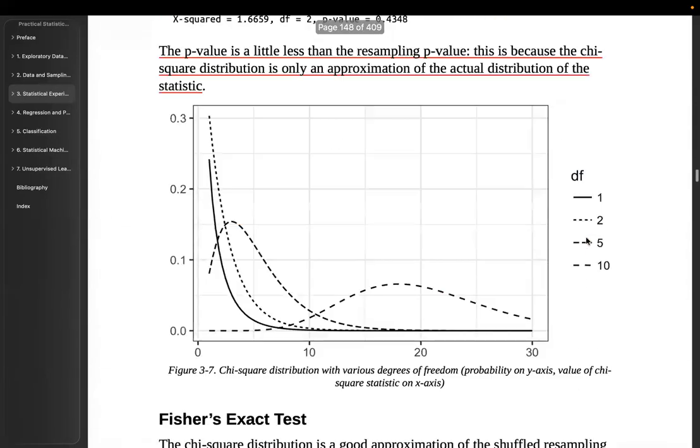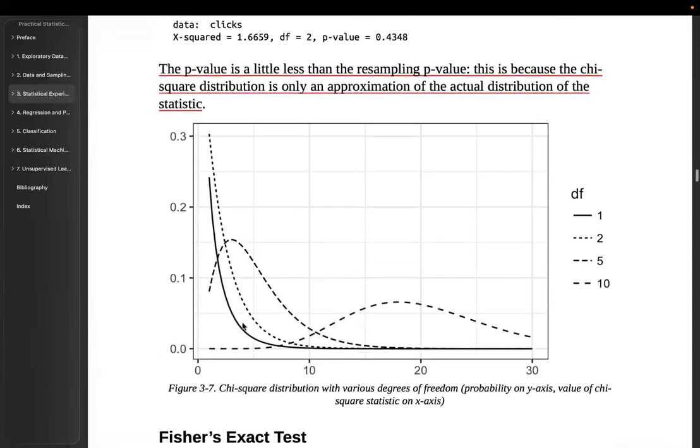Now we can go and look this up. We look at DF equal to 2, which is probably this graph right here, the graph related to DF 2.